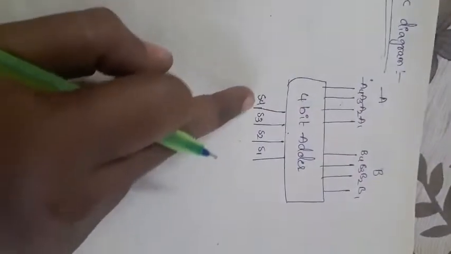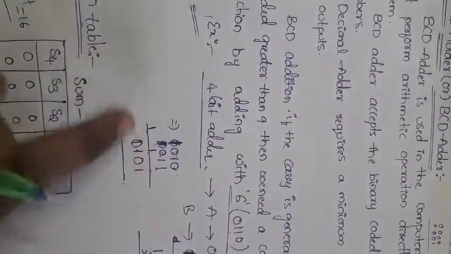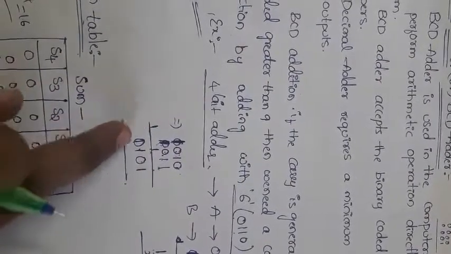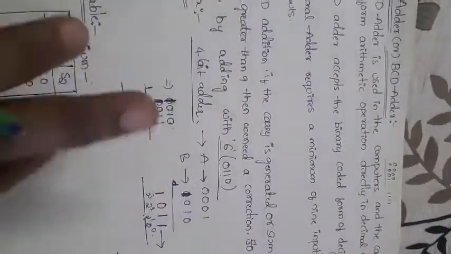Because if any carry is produced by adding these two numbers, then we can get a 5-bit number. The sum is 4 bits and the carry is also there, and when that is added here, we get the 5-bit number. That means by adding any two numbers we get two possibilities: we may get a 4-bit sum, or we may get a 5-bit sum. That is the result for this.